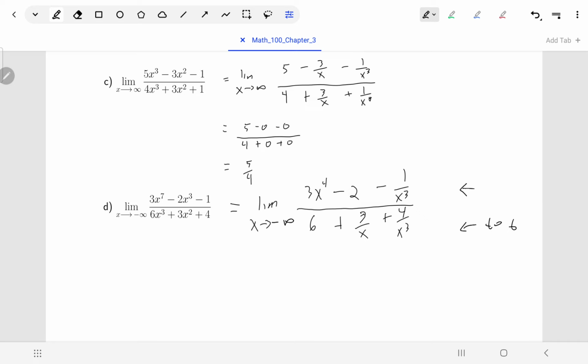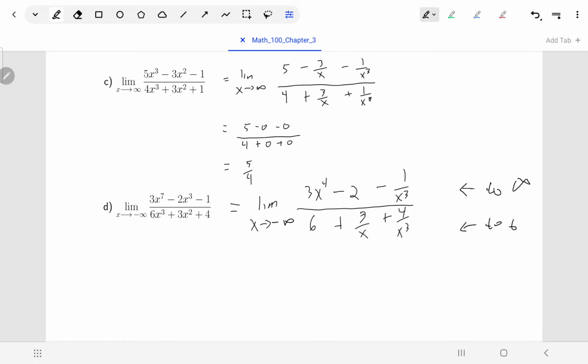And in the numerator, as x becomes infinitely large, I'll have 0, I'll have minus 2, and I'll have some large number that's being raised to the power of 4, which will now become positive and will be multiplied by 3, so even bigger, even more positive. The top is going to become infinitely large minus 2, which is still infinitely large. So in other words, the numerator is going to infinity, the bottom is staying constant at 6.